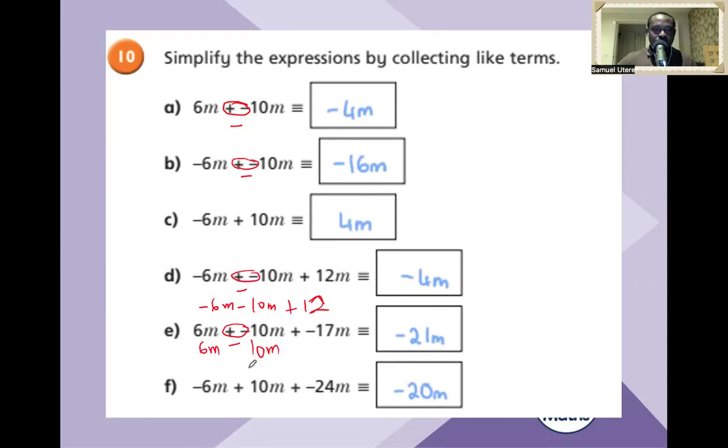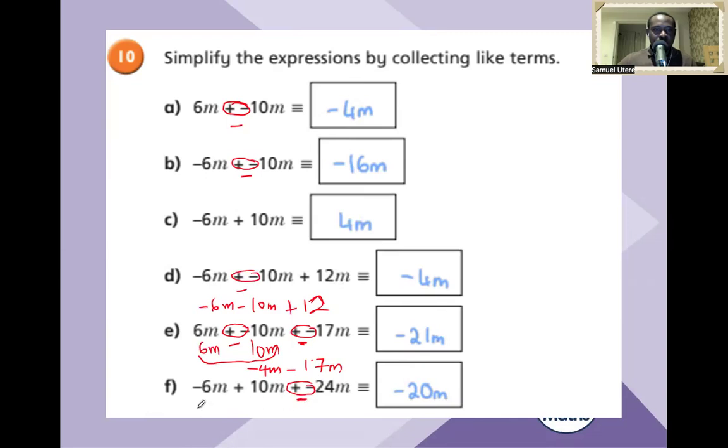So these two will be negative 4m, these two here. Then these two here, negative, positive, negative, will be negative. So we have subtract 17m. Okay, so negative 4m subtract 17m will give us negative 21m. Using the same knowledge, we say these two have to be negative.